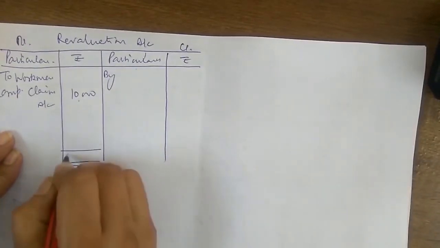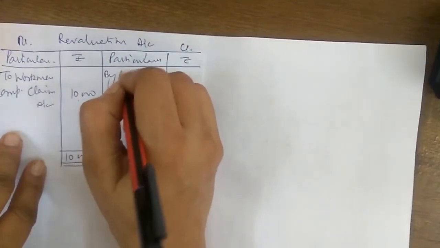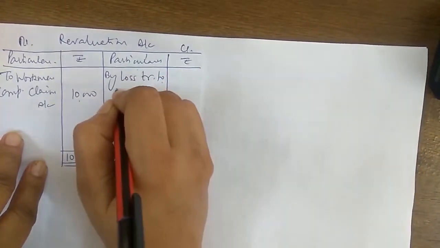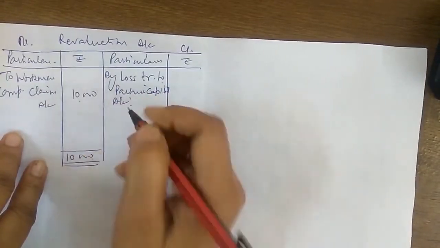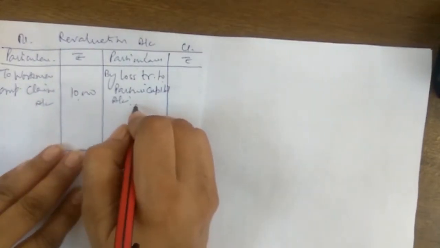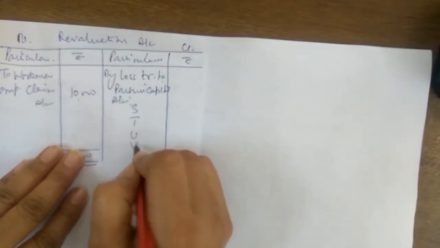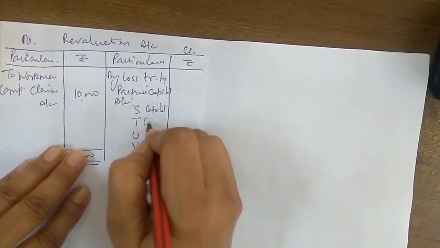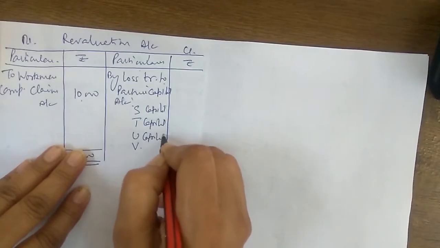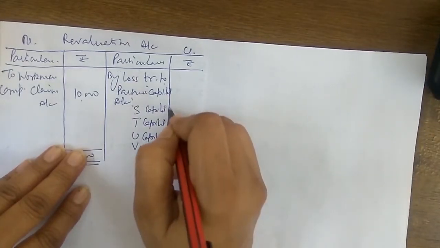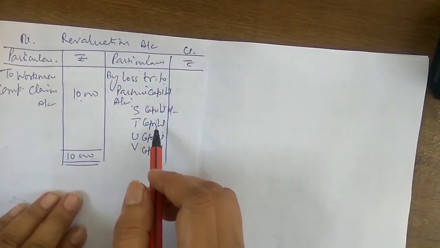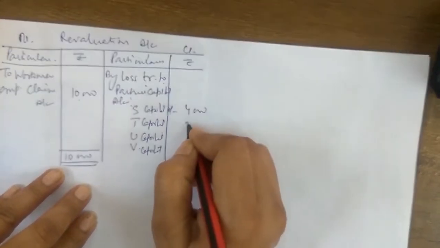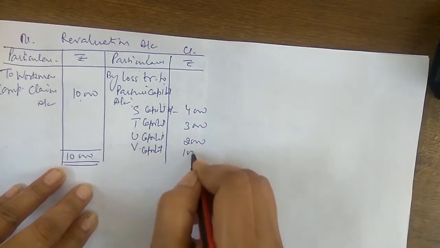So that way we will just have putting the amount on credit side of revaluation account, that is loss transfer to partners' capital account. Name of the partners, we have 4 partners, S, T, U and V. S capital account, T capital account, U capital account and V capital account. Clear बच्चे? So when you divide 10,000 in the old ratio, that is 4:3:2, so simply we have 4,000, 3,000, 2,000 and 1,000.